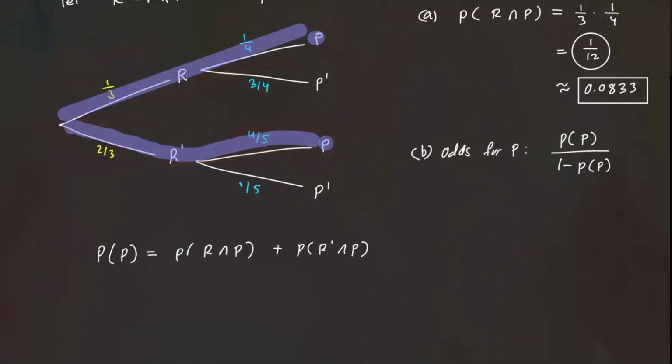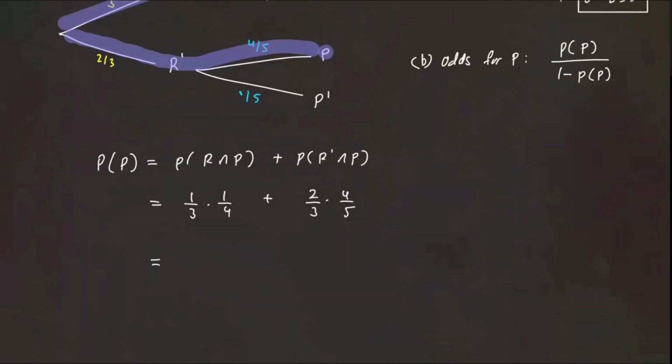Let's put down the numbers. This will be 1/3 times 1/4 plus 2/3 times 4/5. If you put these in your calculator, this will be 1/12 plus 8/15, which will give you about 37/60. All right, so that's the probability of run.